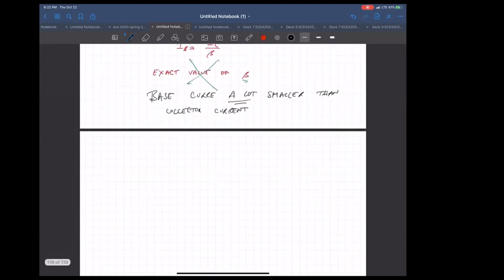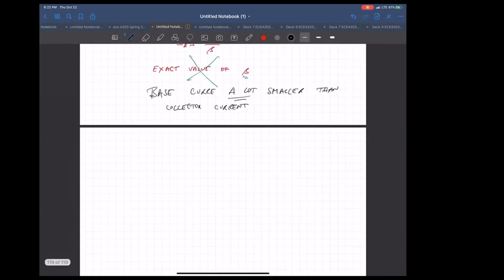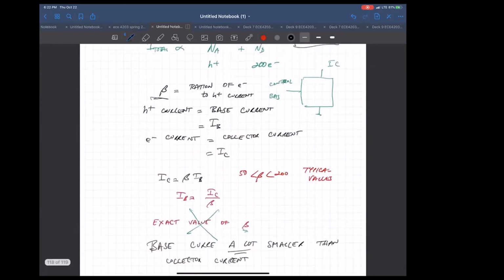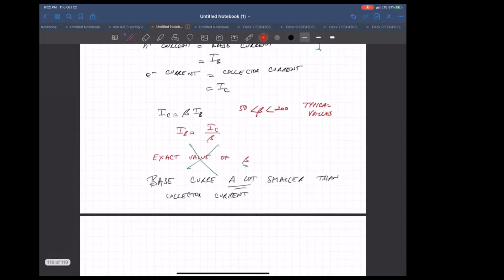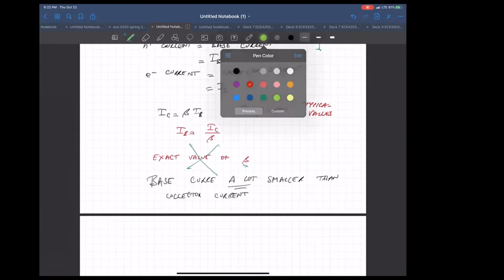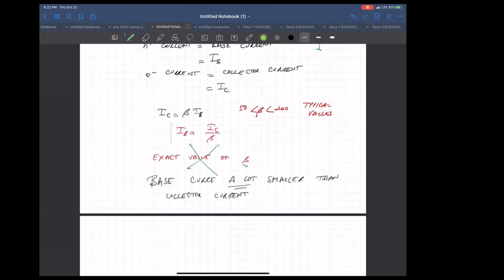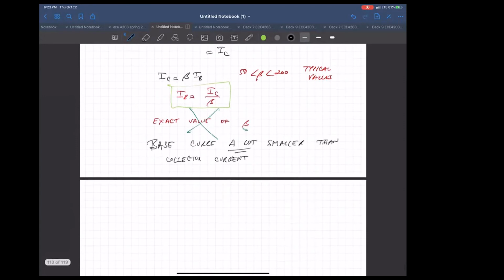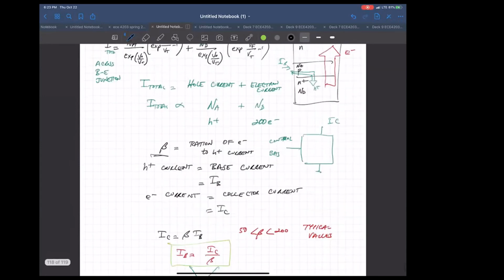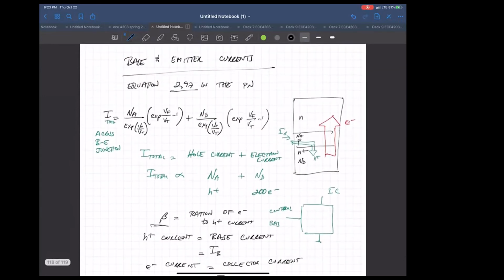Okay, so that's the base current, and this is the equation for it. Now we want to look at the collector current and the emitter current. You can see this guy is the collector current, and this guy is the base current.